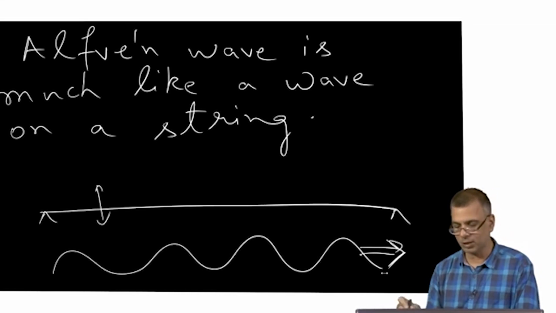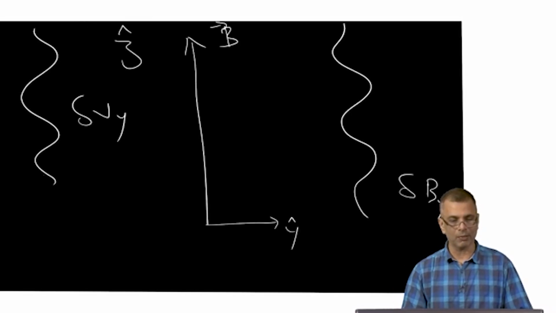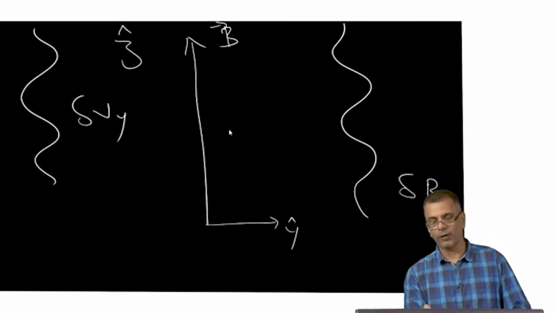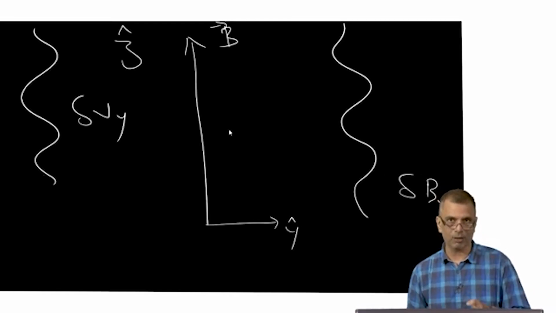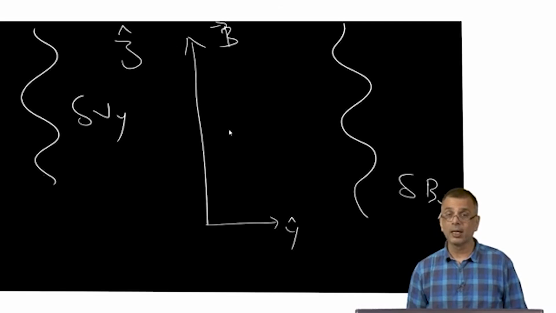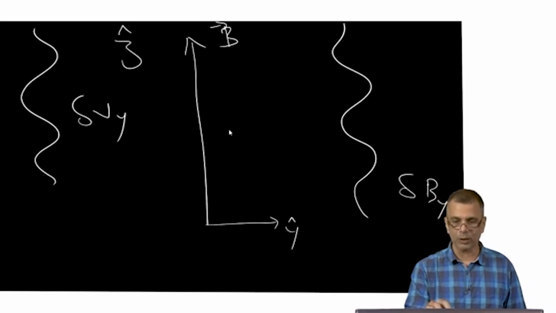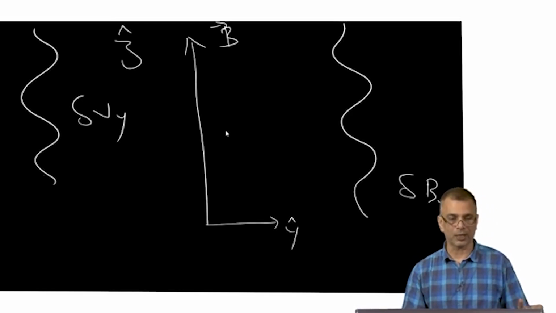Those would be waves on a string, and that looks exactly like the Alfven wave. The magnetic field is like a string in the z direction. It's as if the magnetic field line, which is an elastic kind of thing, like a rubber band, is being twanged, and transverse perturbations on this rubber band are propagating along the magnetic field direction.